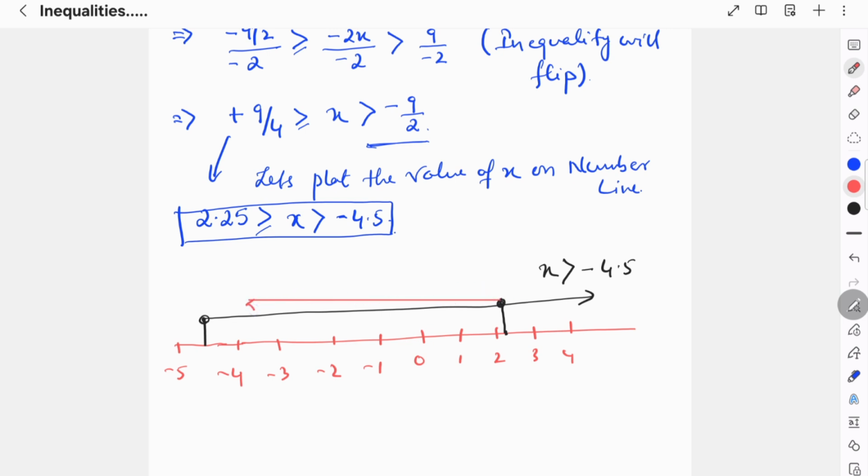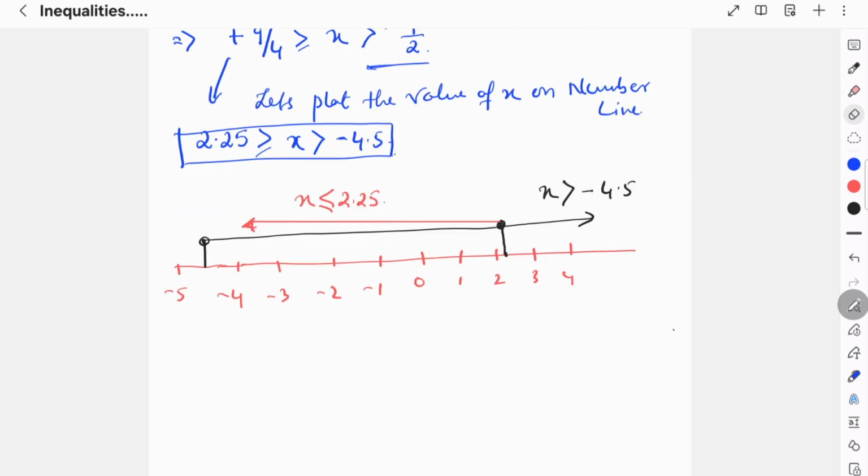And for x which is greater than negative 4.5, we have to take all the values of x which are greater than minus 4.5. So here we don't have to consider negative 4.5, but we have to take a value which is greater than negative 4.5, and we have to take a value which is equal to 2.25, and then all the values which are less than 2.25.